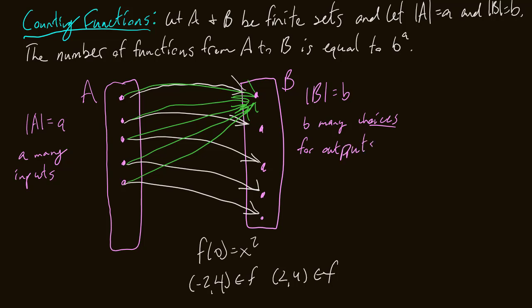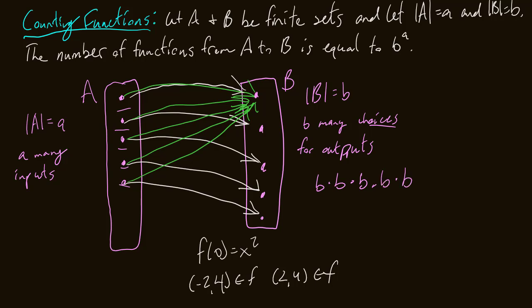So for each element of A, there are b things that it can go to. And so from our principles of counting, which we learned so long ago, for our first element of A, how many elements do we have? We have 1, 2, 3, 4, 5. So for our first element, we have b choices. For our second element, we have b choices. For our third, b. For our fourth, b. And for our fifth, b.